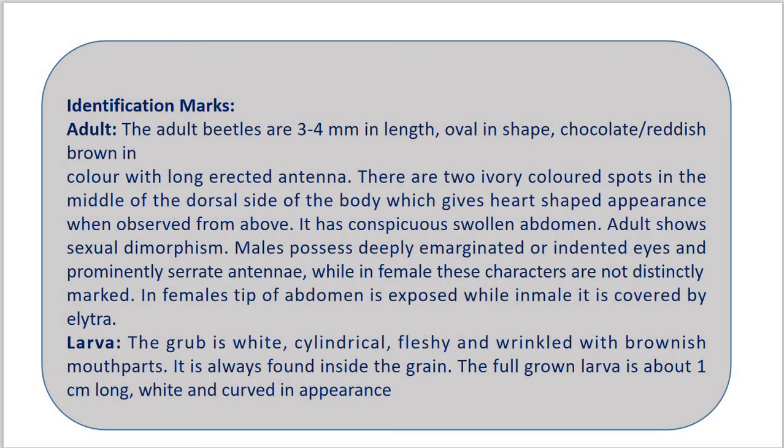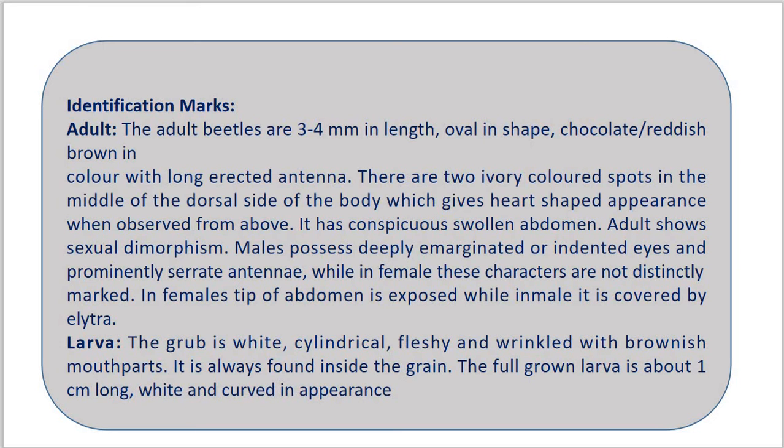Now, if we discuss its identification, the identification includes first the adult. The adult beetles are 3 to 4 mm in length. The body is oval in shape, chocolate or reddish brown in color, with long erect antennae.